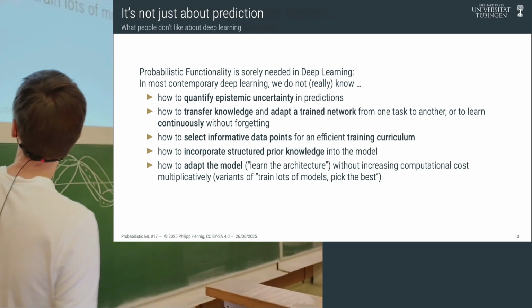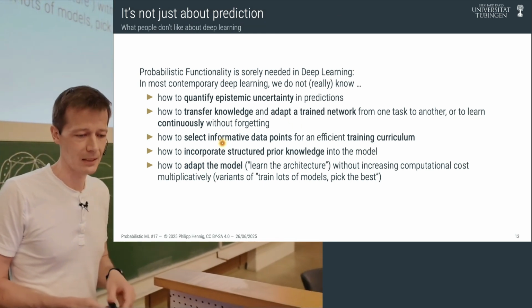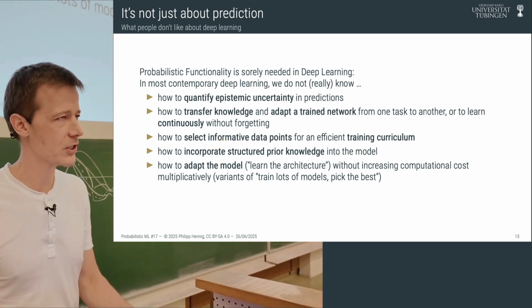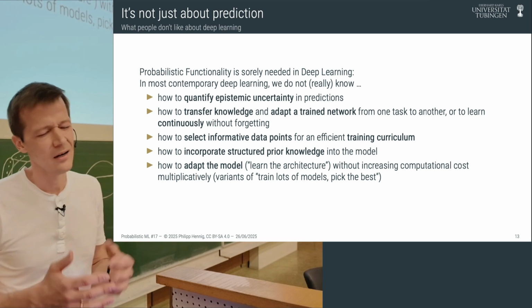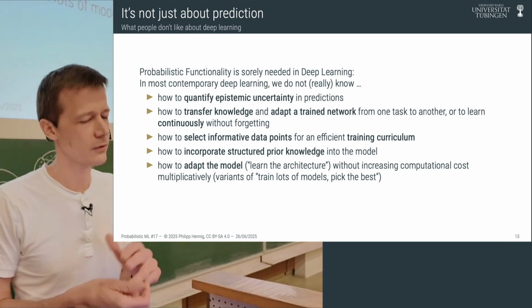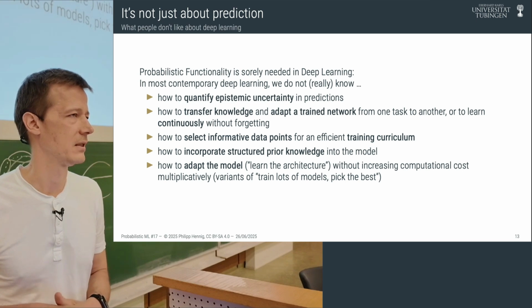Something that we really don't know how to do well is how to select the data points. I mentioned this already in the regression lecture, that data loaders to this day are, I think it's fair to say, with only a little bit of simplification, effectively sampling IID from the training data set.